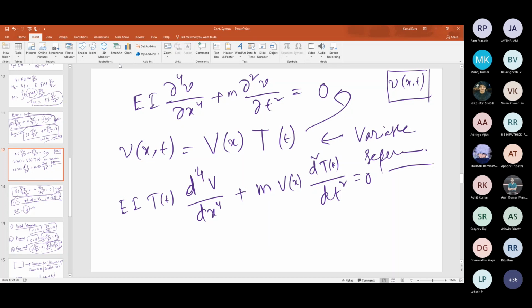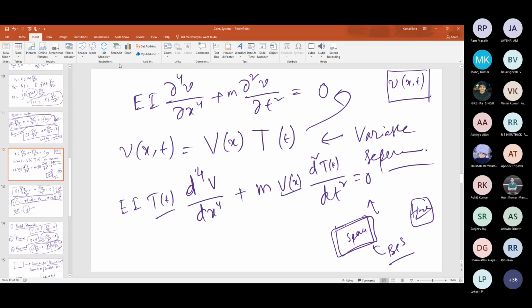Then I will keep this here, and T I will put here, and then we will solve the ensuing eigenvalue problem. There will be one time-dependent part and one space-dependent part. We'll discuss that. Then we solve this problem and apply the boundary condition depending on the problem.